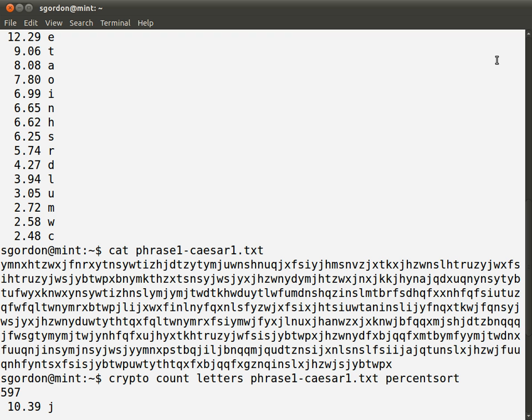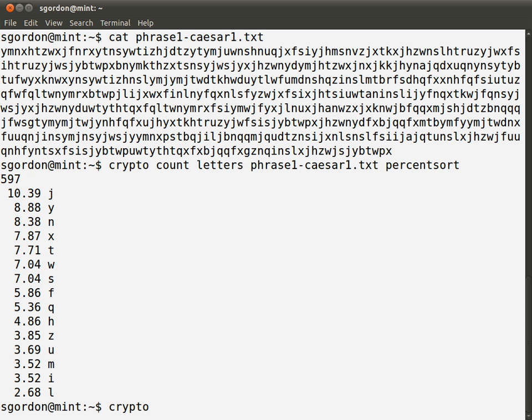From looking at the first letter, J and E, we had a guess that the key was 5. Let's try that guess. Let's try our first guess first. See if this works.